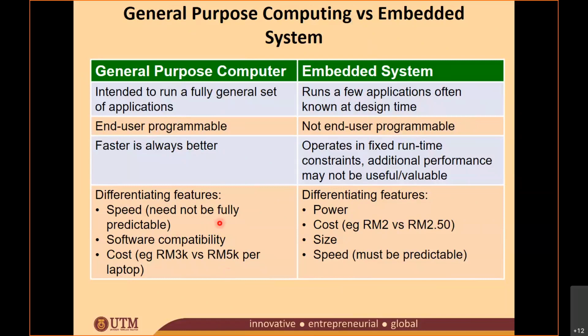So the speed is different from computer A and computer B. Walaupun the processor speed is same 4 GHz, tapi laptop A cuma single core, but the laptop B ada 8 cores for example. So dia punya speed dah berbeza-beza.